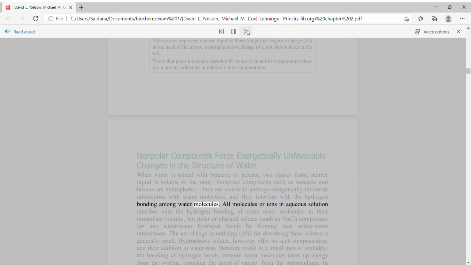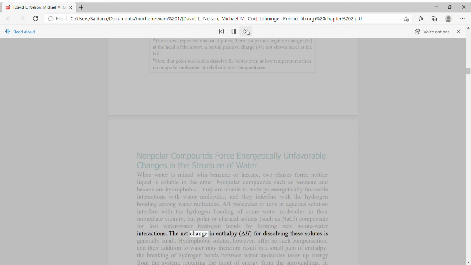All molecules or ions in aqueous solution interfere with the hydrogen bonding of some water molecules in their immediate vicinity, but polar or charged solutes, such as NaCl, compensate for lost water-water hydrogen bonds by forming new solute-water interactions.